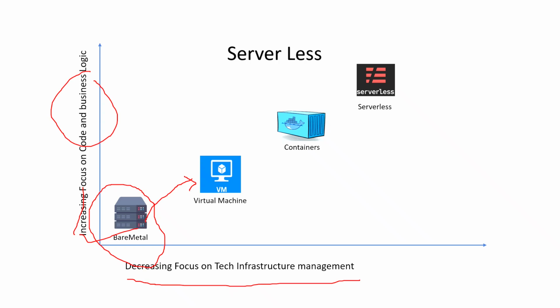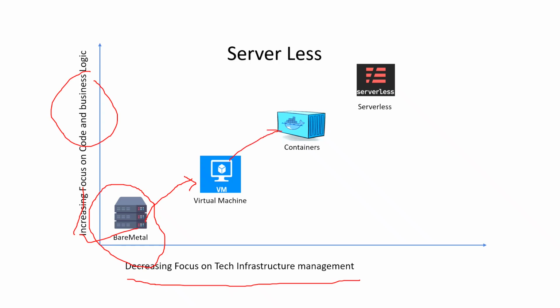But the issue remains the same. You have to manage the patching, the OS version upgrades, and the network, everything, right? So ultimately, you might be optimizing the resources, but the focus is still on infrastructure management rather than just on the code logic.